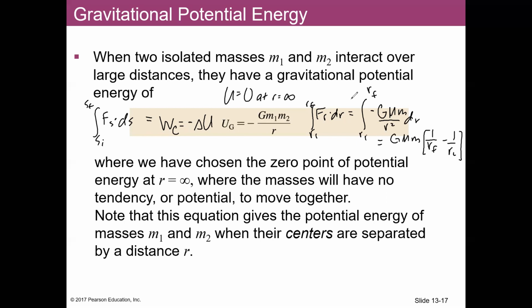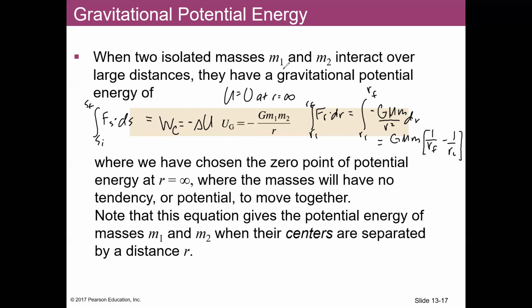And when we set the zero at r equals infinity, then this function represents the difference in potential energy between zero and our spot. It's always decreasing. And technically, for point masses, as r goes to 0, the potential energy goes to minus infinity. There are no objects that have zero dimension, and so that's only theoretical.